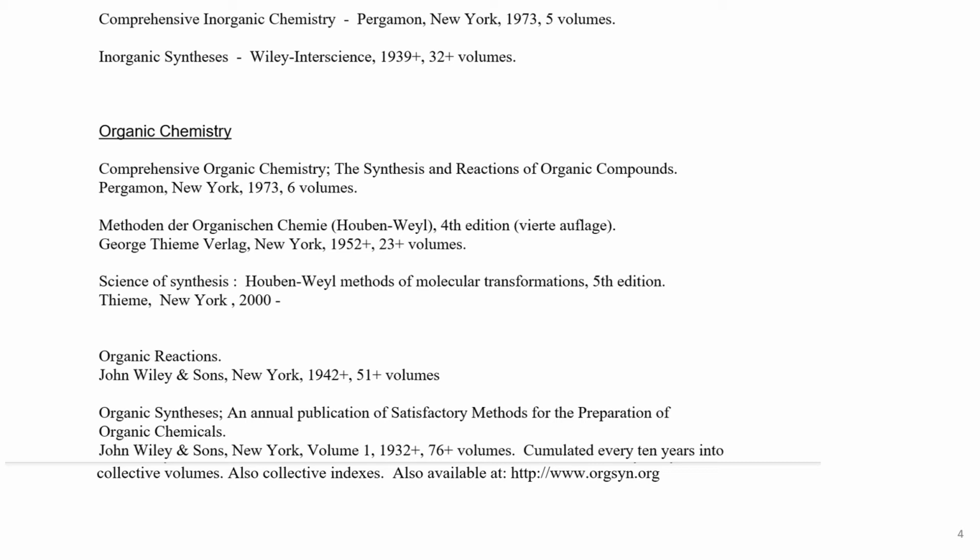The reason for that is that synthesis goes in and out of style. You may look up a compound that you want to synthesize. There may be a version in the Science of Synthesis. There may be a different version of it, a different procedure in the original Houben-Weyl. So it's always good to consult both of these printed publications.